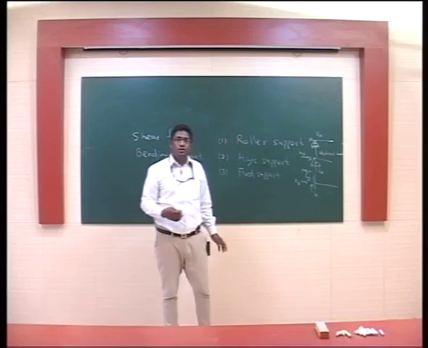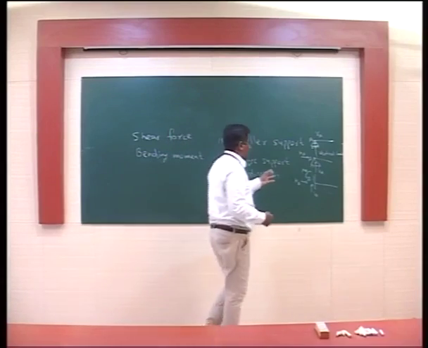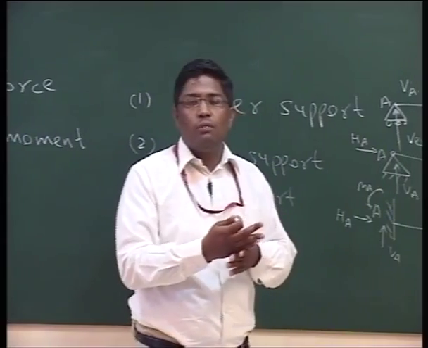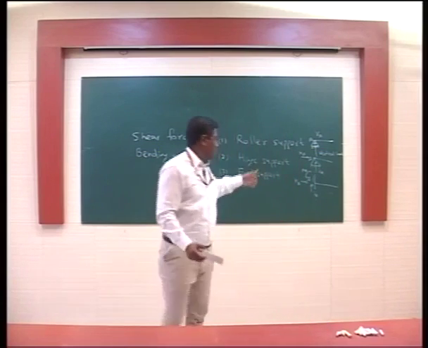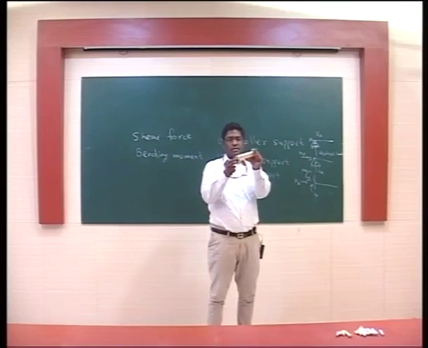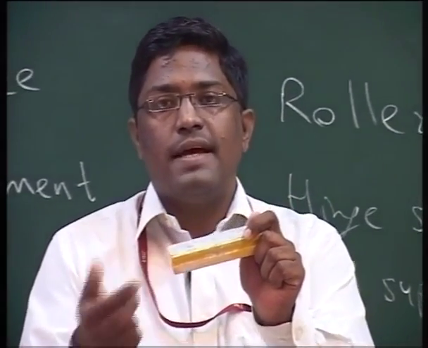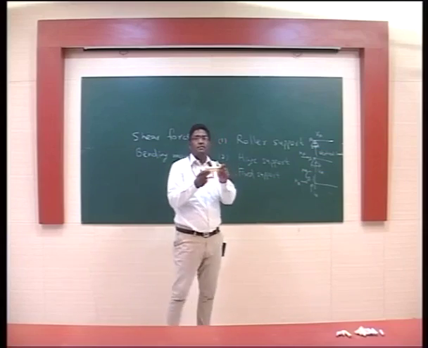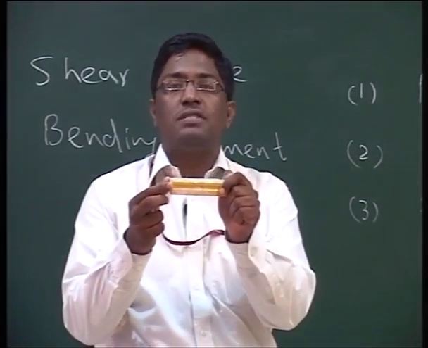The second one is the horizontal reaction, and also fixed support also gives the moment, or it does not allow the movement of any beam. If you want to understand these two things, then hinge support is always like this. This is a hinge support. If this particular beam is moving like this, then we say it is a hinge support. Whereas if it is a fixed support, then there will be no displacement or movement which is allowed.